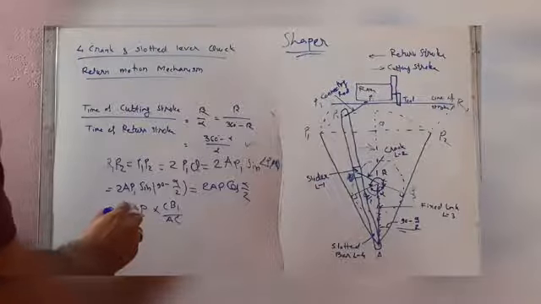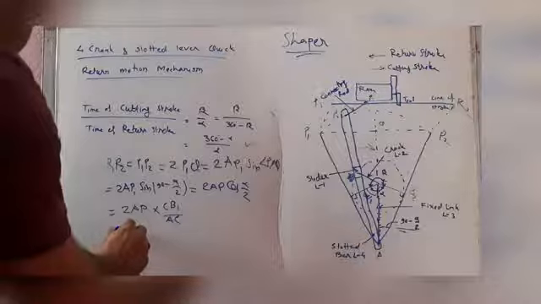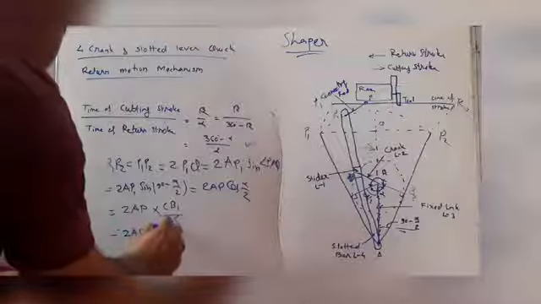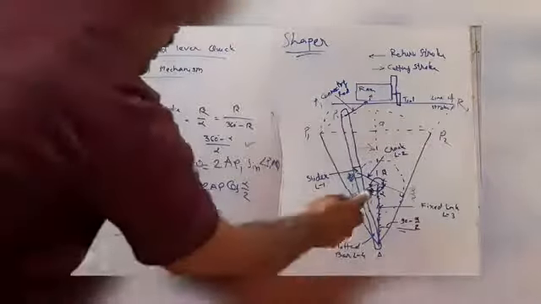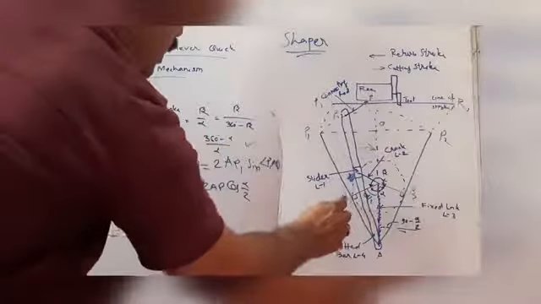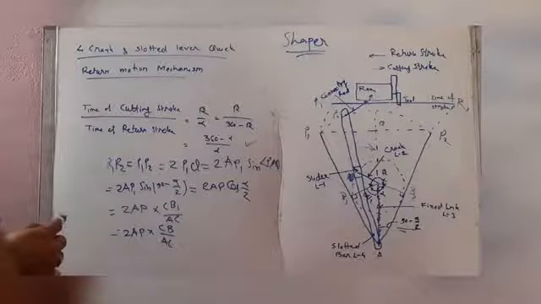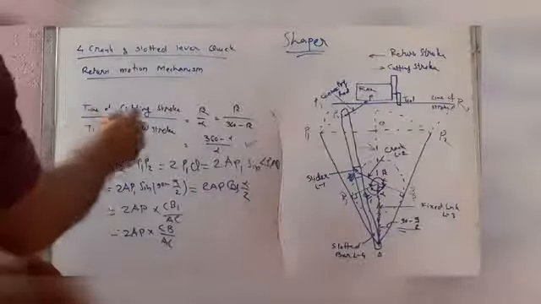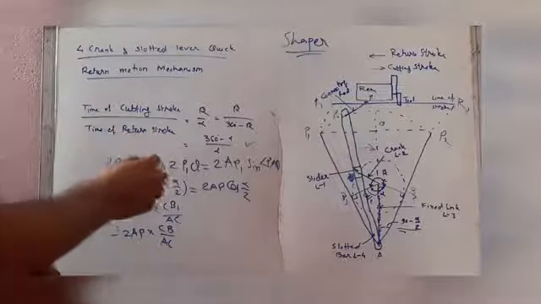CB1 is also CB, so it equals 2 AP times CB by AC. Here CB1 equals CB2, both are the same. So here we can find the time of the cutting stroke divided by the time of the return stroke.